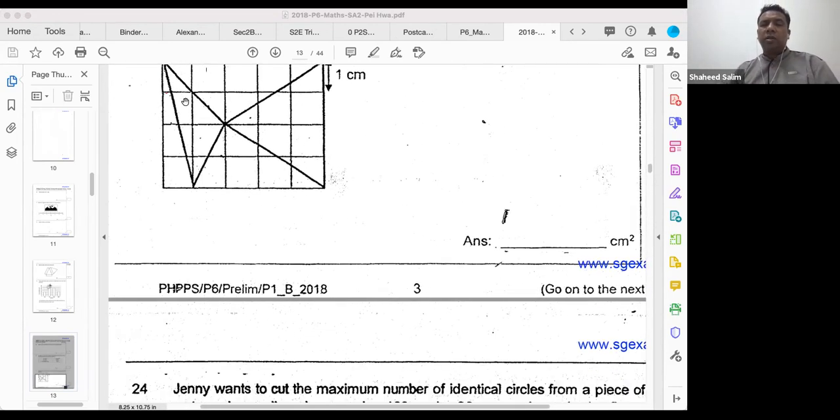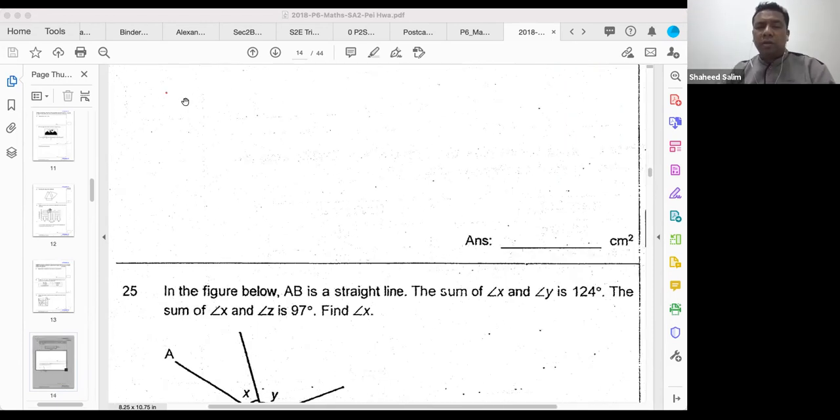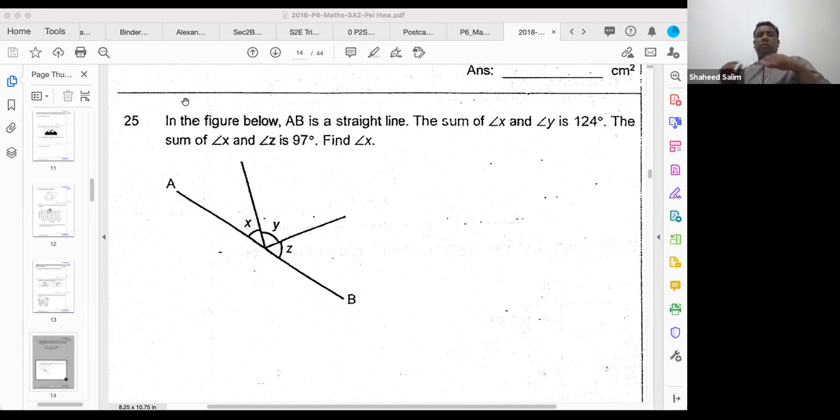No, we can't see the shaded area. Okay, we try this one. The sum of x and z is 97. What is x?